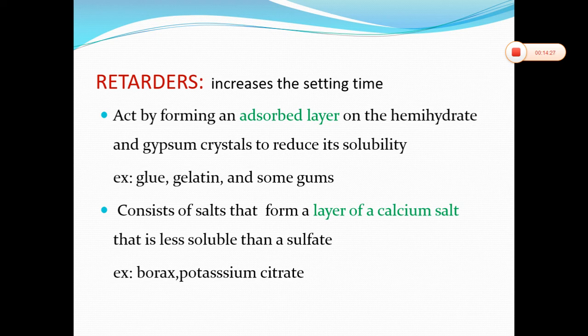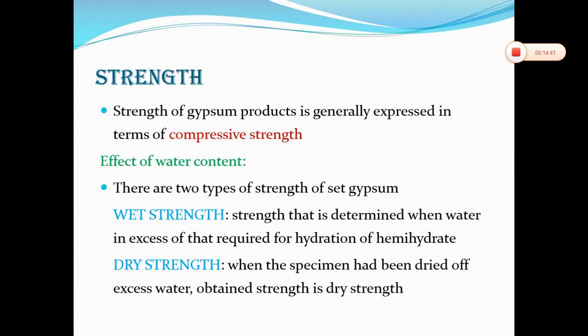So the solubility of hemihydrate decreases by adding gums, borax or potassium citrates; they decrease the solubility of hemihydrate.